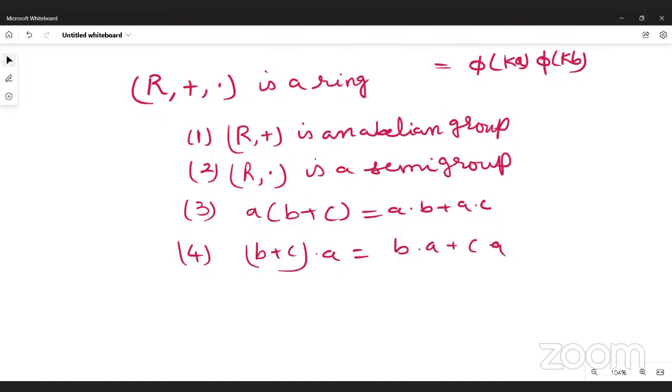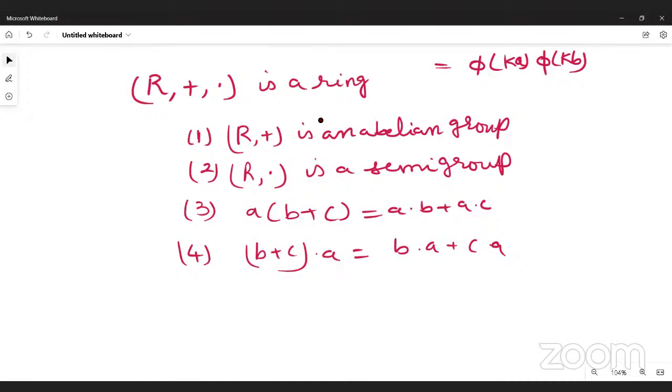A non-empty set R plus dot, equipped with two binary compositions, is called a ring if R plus is an abelian group, R dot is a semi-group, and the distributive laws are satisfied. R dot and addition R plus means R is a group with respect to addition. Multiplication is a semi-group, means what is a semi-group?